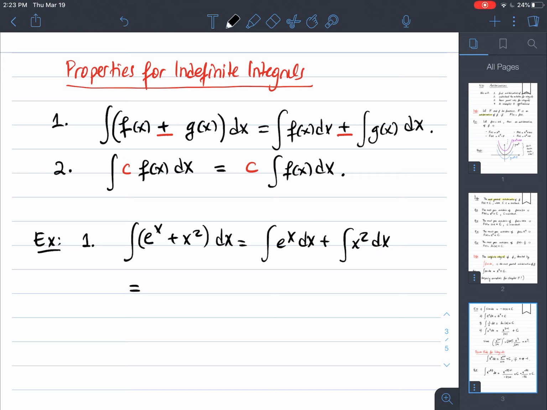So this is equal to e to the x plus c1 plus x cubed over 3 plus c2. Now c1 and c2 are arbitrary constants, so you can combine them to a single constant. So e to the x plus x cubed over 3 plus the constant c.